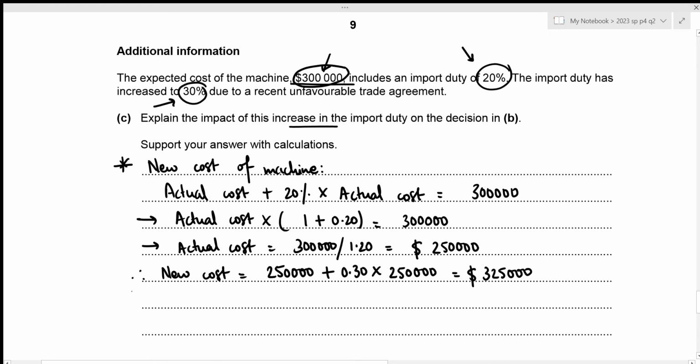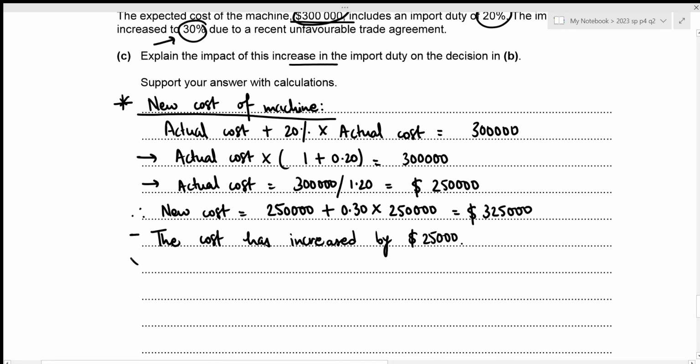So let's write it down. The cost has increased by 25,000. Okay. Now the next thing that we can calculate will be the payback period. And for payback period, we're just looking at the time frame where we get our 325,000 back.